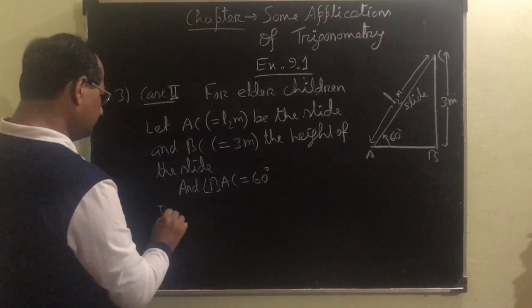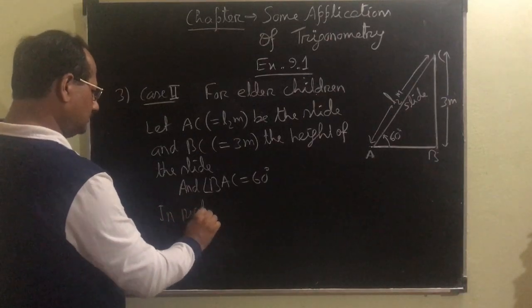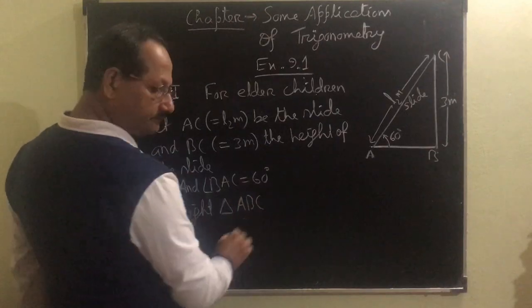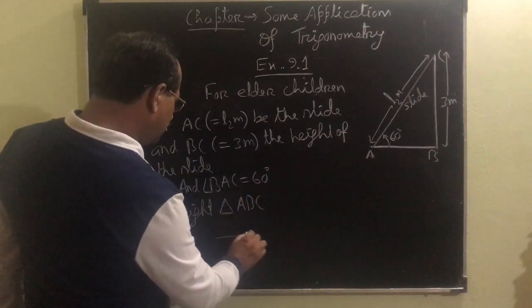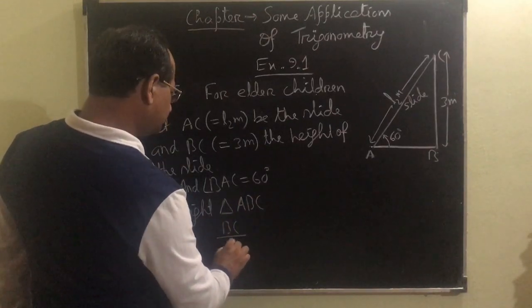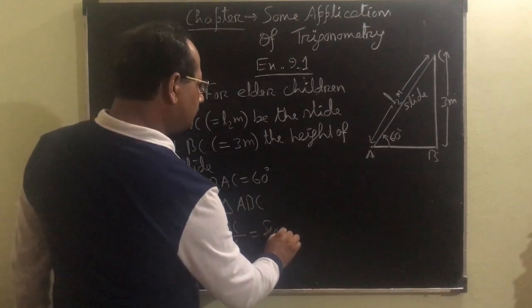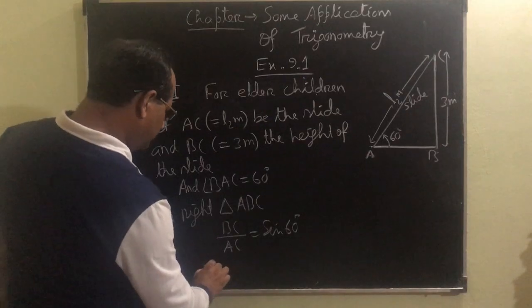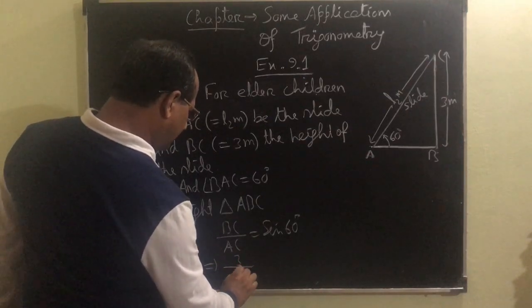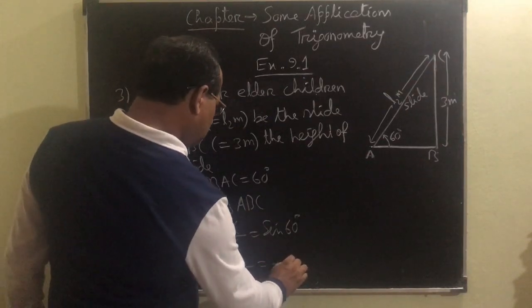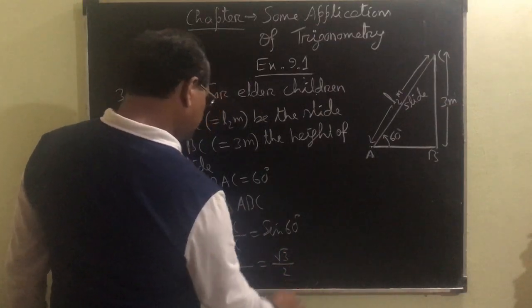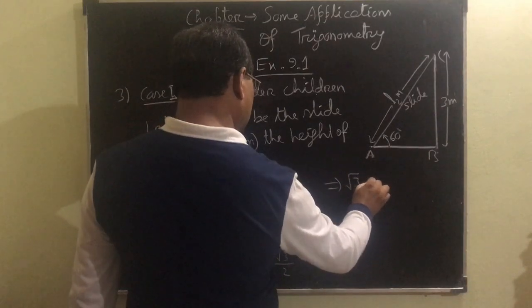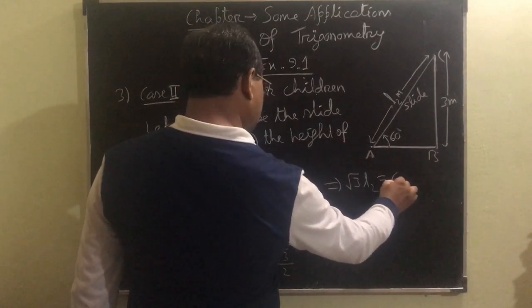In right triangle ABC, BC by AC equal to sine of 60 degree, that is 3 by L2 equal to root 3 by 2, implies root 3 L2 equal to 6.